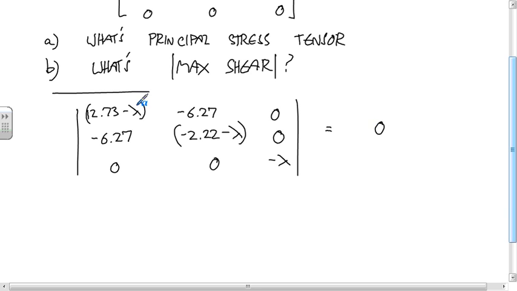All right, so I said before that to calculate the determinant of a 3x3 matrix, we'll take this value times this subdeterminant. Then we'll subtract this value times this subdeterminant plus this one.